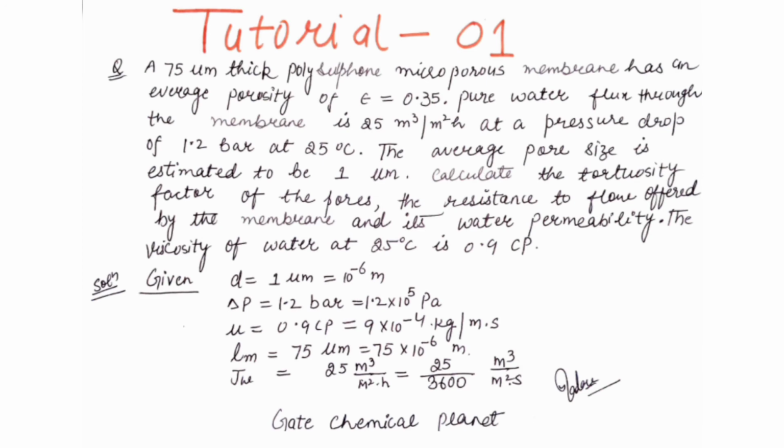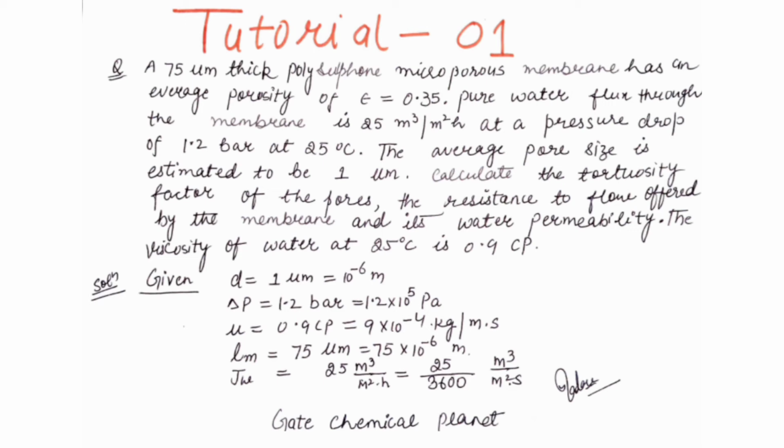On the basis of these things, we will discuss one tutorial based on microfiltration flux calculation. The question is: a 75 micrometer thick polysulfone microporous membrane has an average porosity of epsilon equals 0.35.